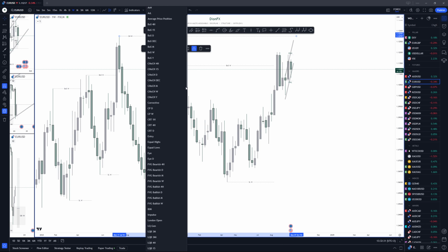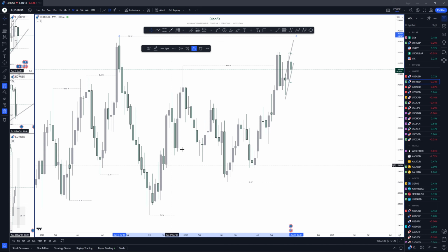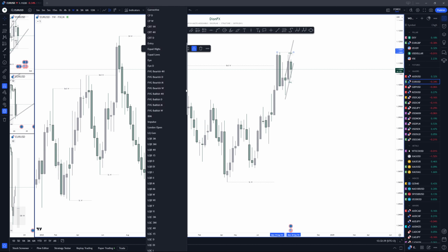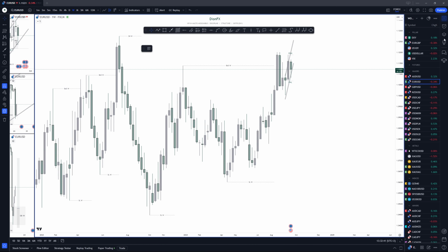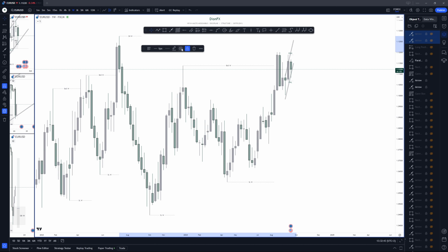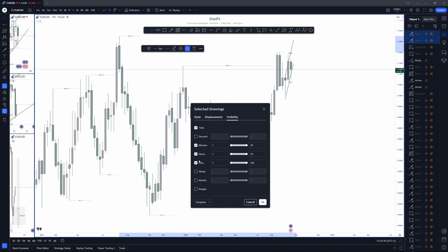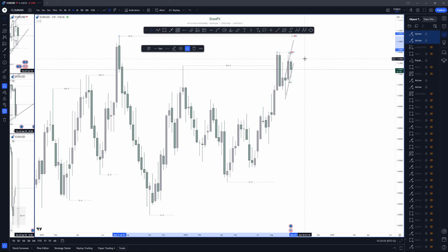Old high, and also this one too, old high. Those are the targets for this week and next week. These two need to be taken out on the weekly time frame, right? Right now those are the targets that we should be looking for this week to be taken out.